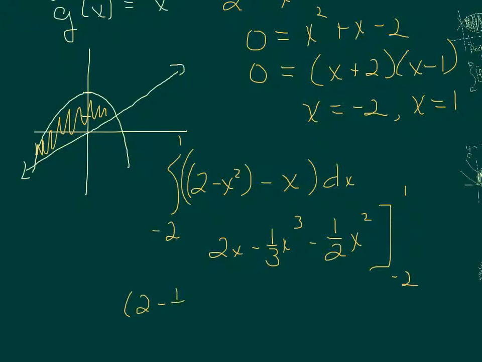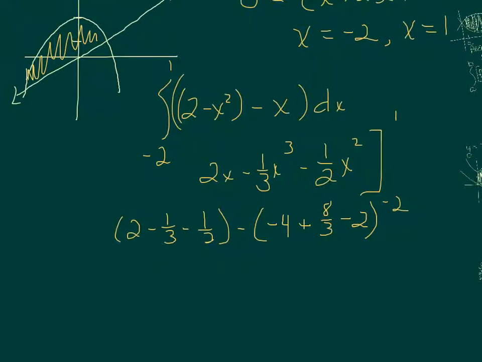2 minus 1/3 minus 1/2, minus -4 plus 8/3 minus 2. 12/6 minus 2/6 is 10/6, minus 3/6 is 7/6.